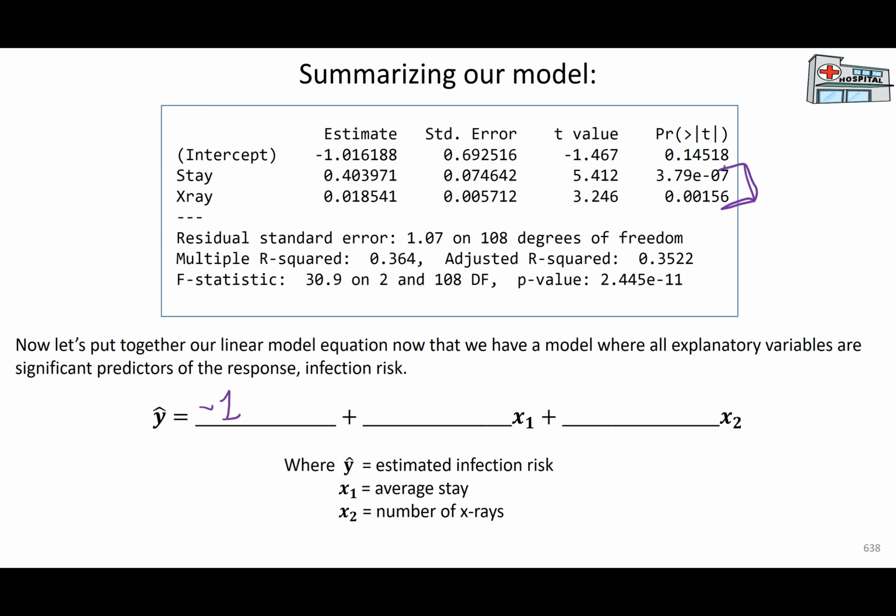So interpreting. Now that we have this, we might want to interpret, hey, what does that slope for stay mean? Or what would that slope for x-ray imply? So slope for stay, I'm going to focus here. If I'm looking at stay, I want to hold the other coefficient, number of x-rays, constant.